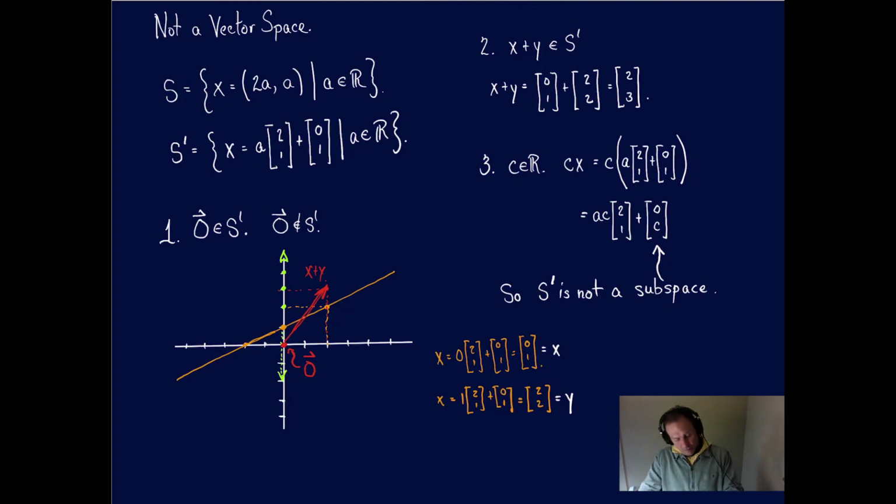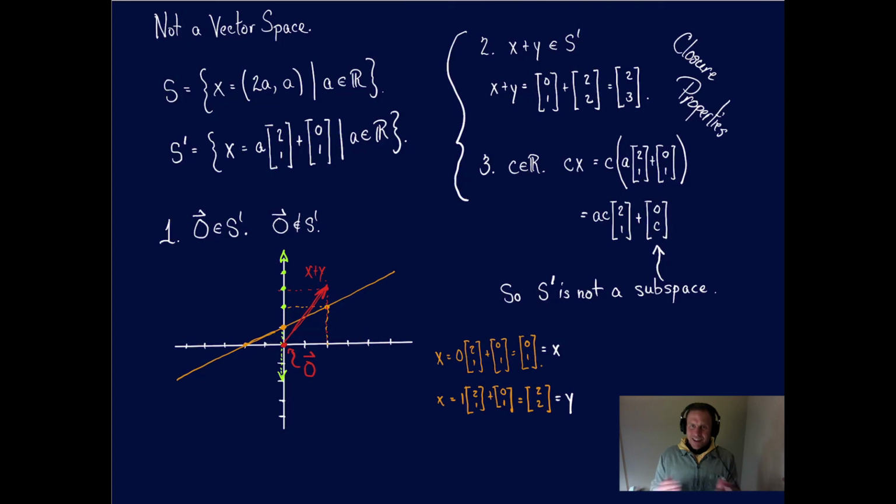What I really wanted to also emphasize is this. Number 2 and number 3, these are the closure properties. And what's so important is that when we say it's closed, it means it stays within itself, within the set.